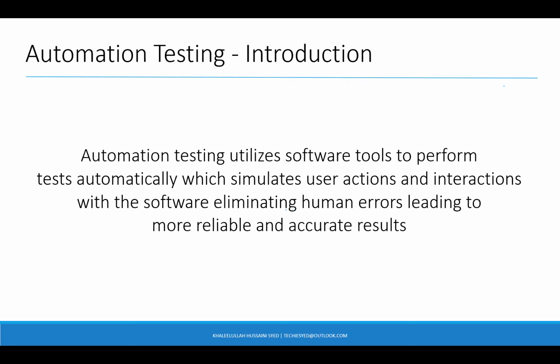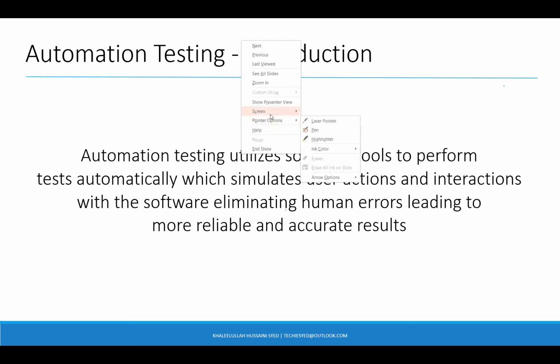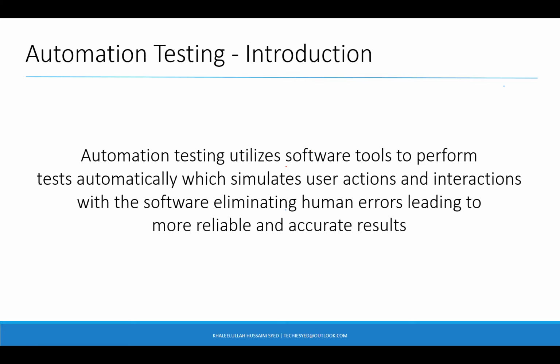So before we go ahead and understand how we can write a test using Selenium, let us first understand what we mean by automation testing. In automation testing, we are going to use certain software tools to test our application.